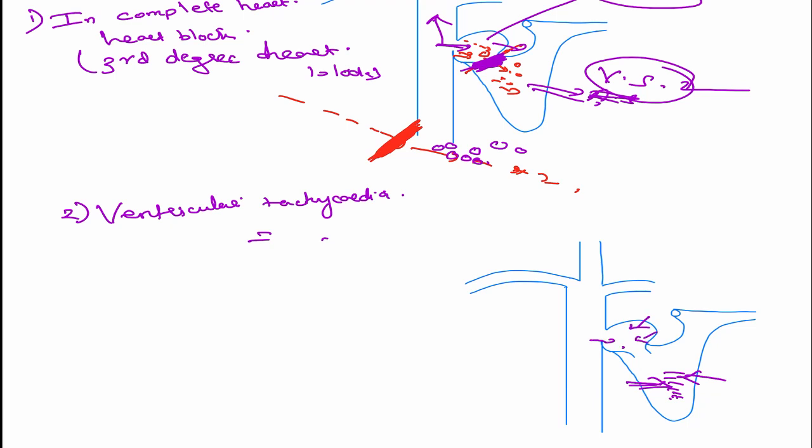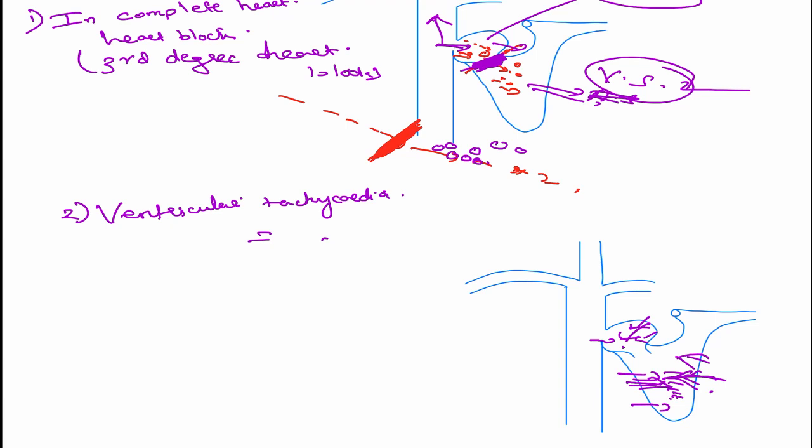So the atria will contract its own way, but the ventricle is contracting very unconventionally. So at one particular stage, again there will be a situation where the ventricle is also contracting and the atria is also contracting, because the ventricle is continuously contracting, not in an ordered fashion. That is what tachycardia is.